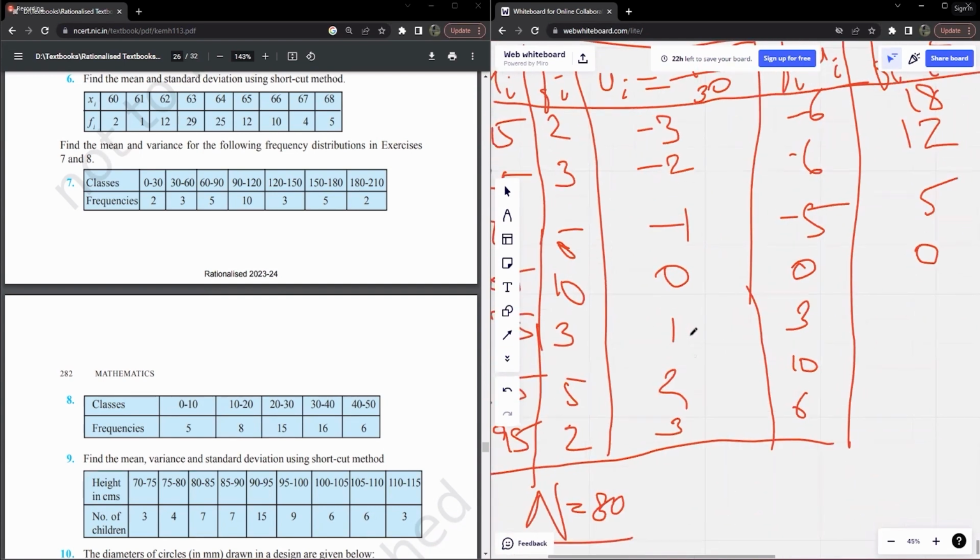And then this is a 1 again, 1 times 3 is 3, this is 4. I'm basically using ui squared instead of ui. So this is a 4, 4 into 5 is 20, and this is a 9, 9 twos are 18.